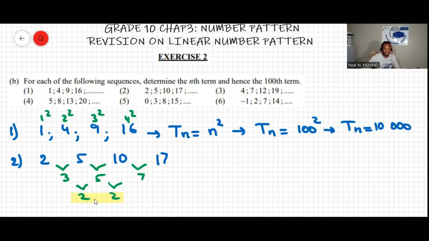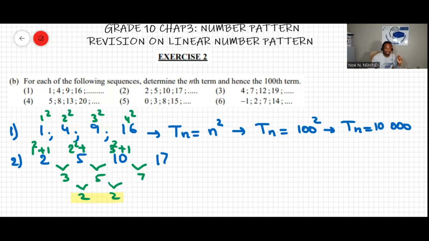But I want you to notice that in cases like this, each term is one more than a square number. If you look here, this 2 is 1 squared plus 1. 5 is 2 squared, which is 4, plus 1. And then 10 is 9 plus 1, 9 is 3 squared, plus 1.